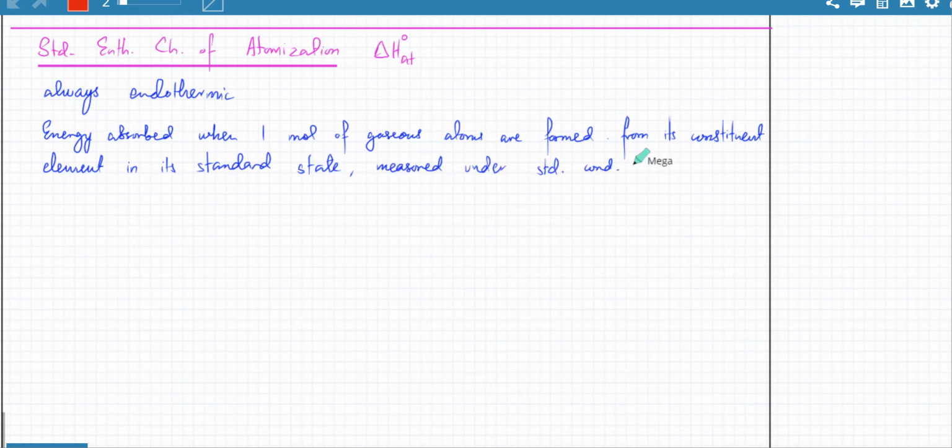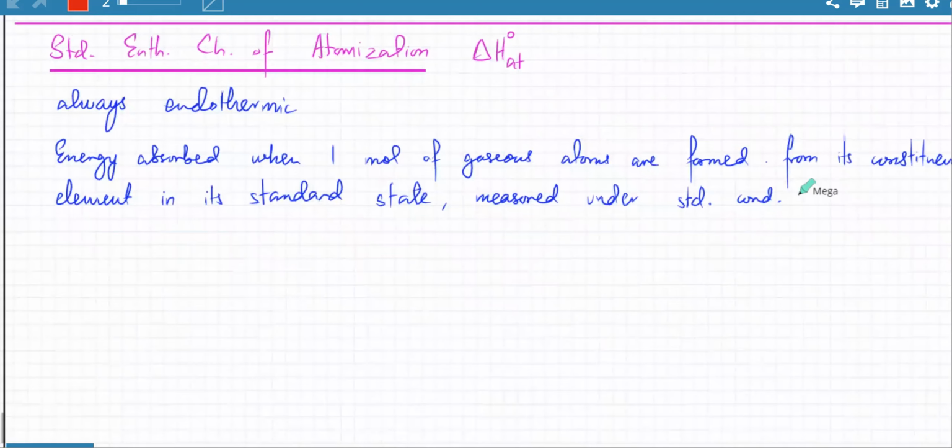So this is the definition of what enthalpy change of atomization is.